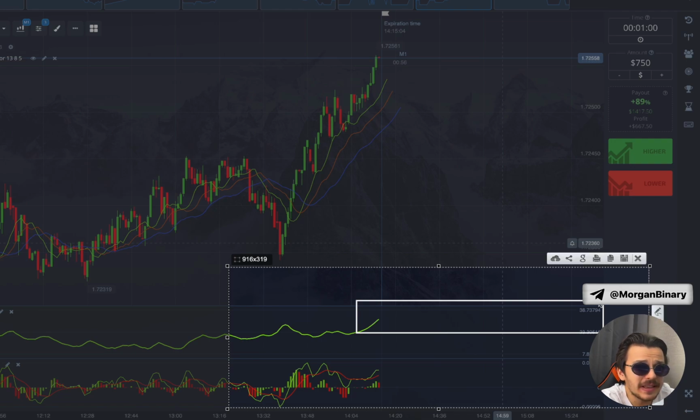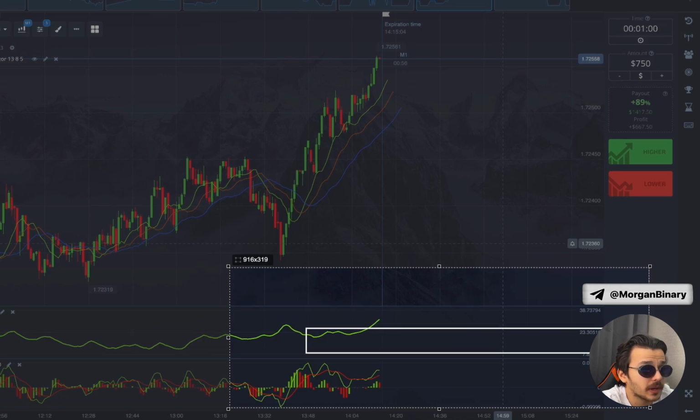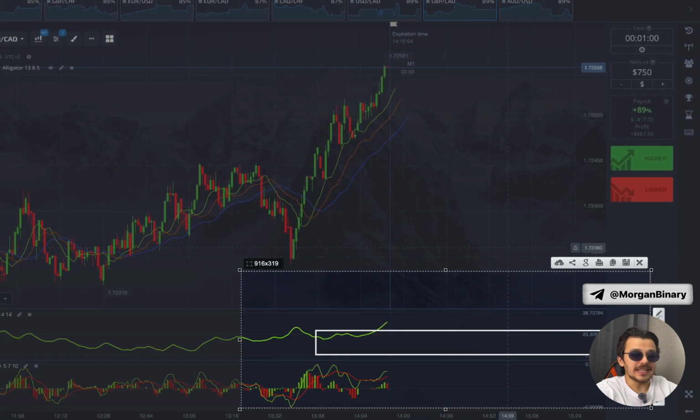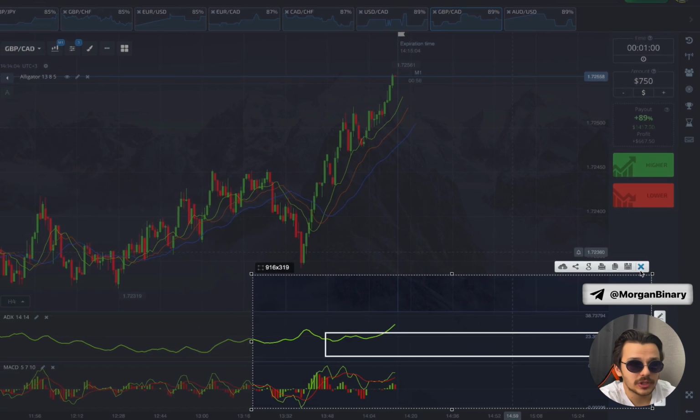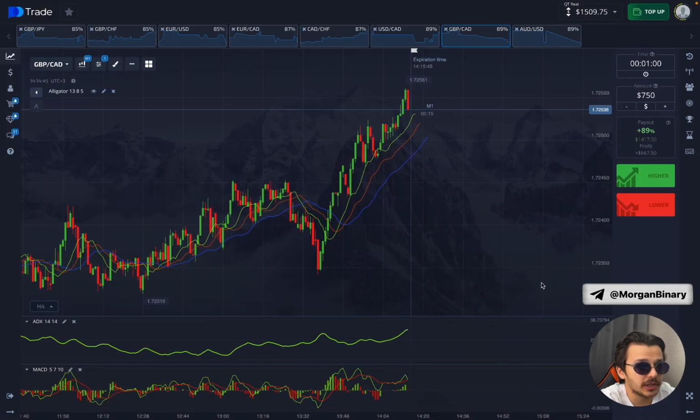This is roughly in the area of 30 to 60 or 50. It will depend on the nature of the movement. And also if our moving line is in the area of 25 or 30, this is the average direction of the trend. In general, we can open in the direction of the trend.